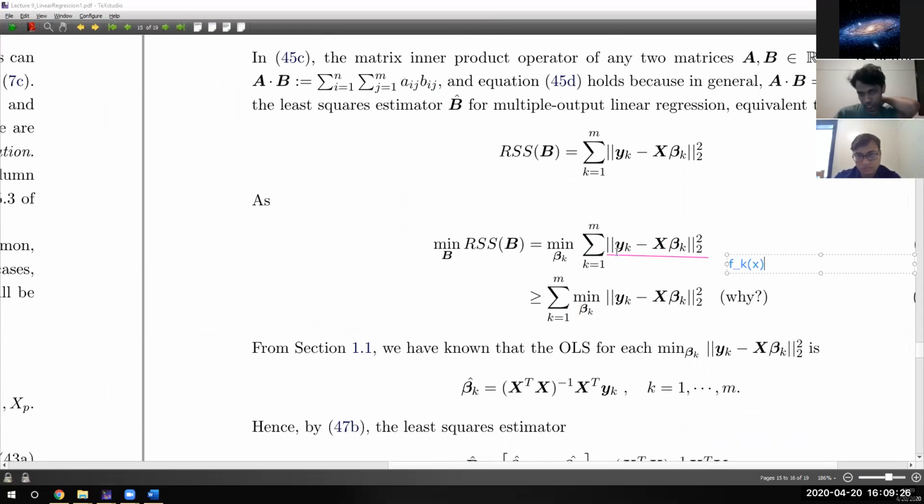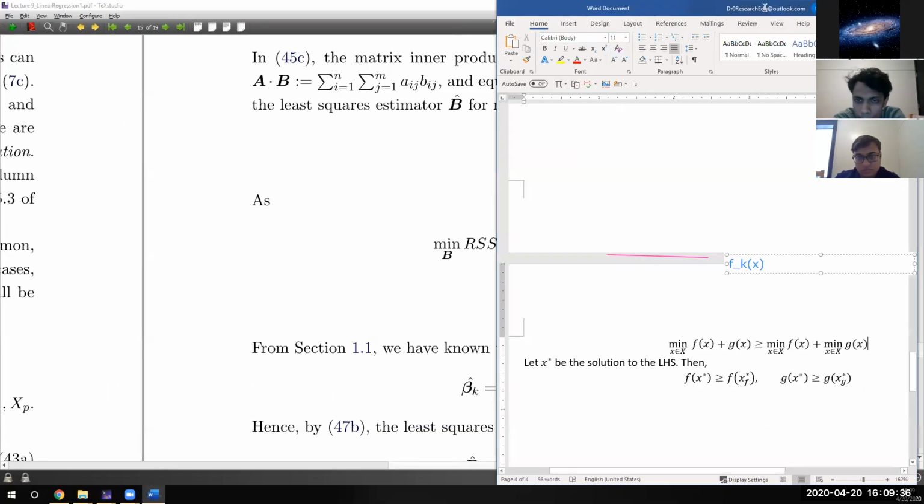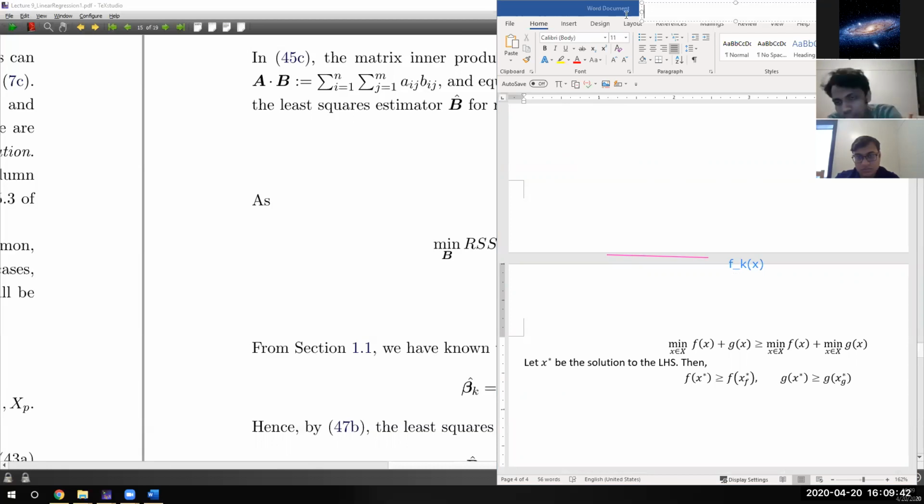Now what you have is the minimum of the summation of f_k(x) is greater than or equal to the summation of the minimum of f_k(x). See it? Exactly the same here.